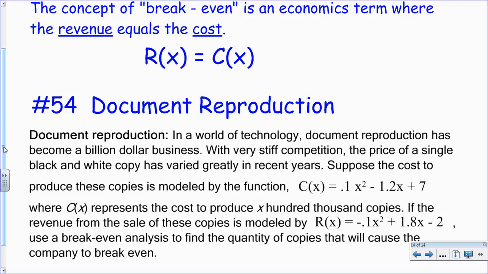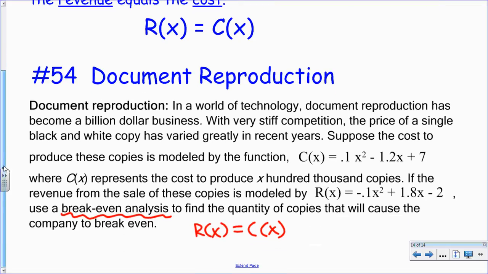Okay, so if it says to use a break-even analysis, that's to say your revenue should equal your cost. Well, it gives me equations for both r of x and c of x, so let's just plug those in. So I'm going to plug this in for r of x.